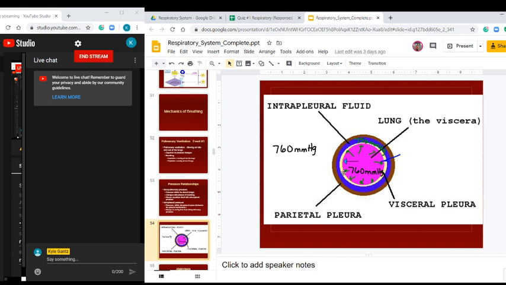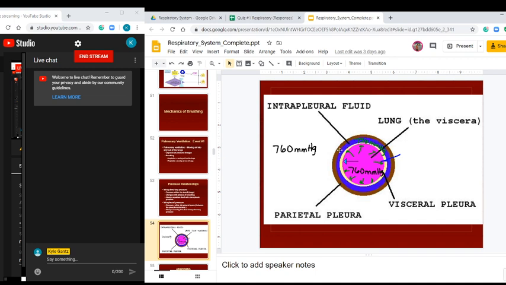And we know from the last quiz that this space has serous fluid in there. Well, what they're saying is that air pressure, which is normally 760 millimeters of mercury outside the body, is going to be the same on the inside of the lung, inside the alveoli.